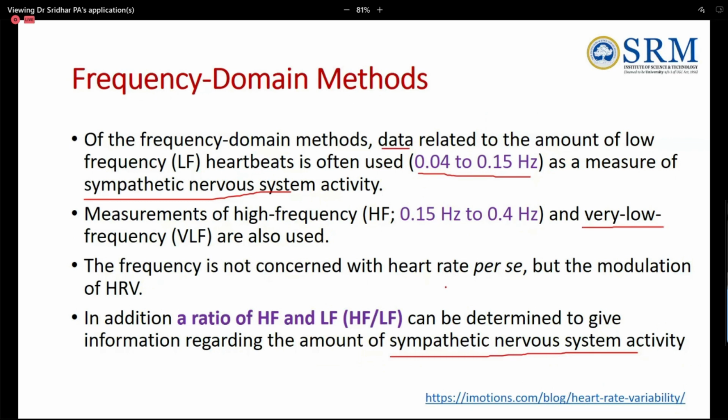It means how much stress activity there is in your body. I'm not talking about stress in your mind. If any organ is stressed to function, that will be reflected in your heart activity. So it is important to understand the different types of measures or metrics in which you are going to analyze it.